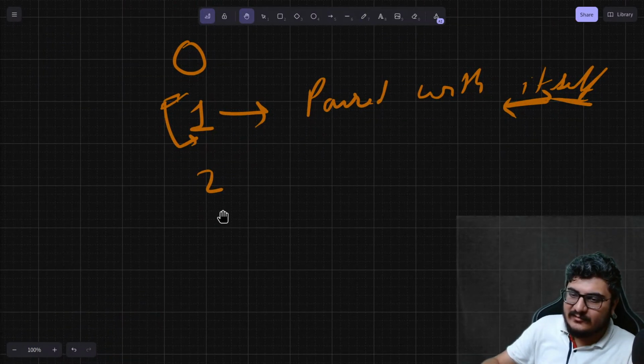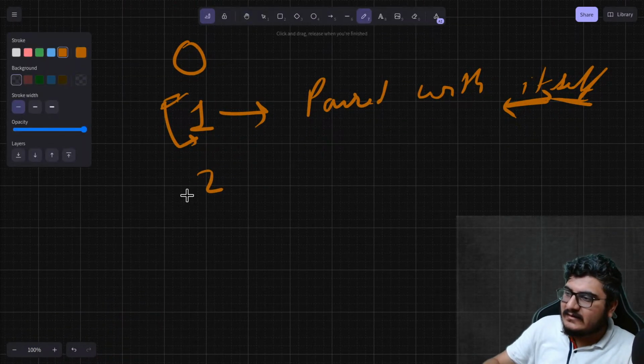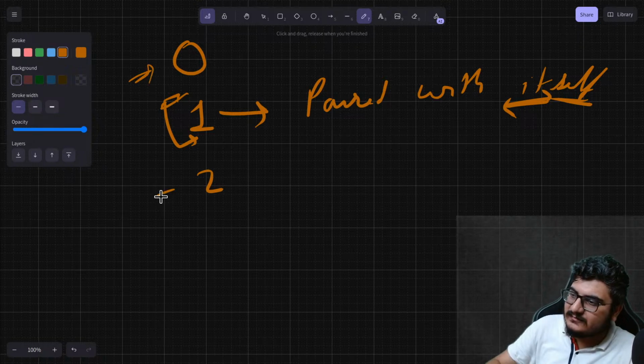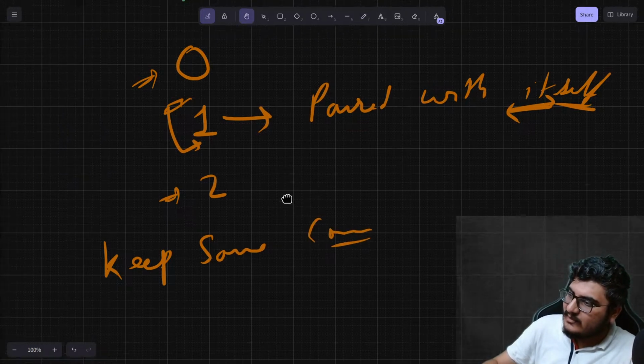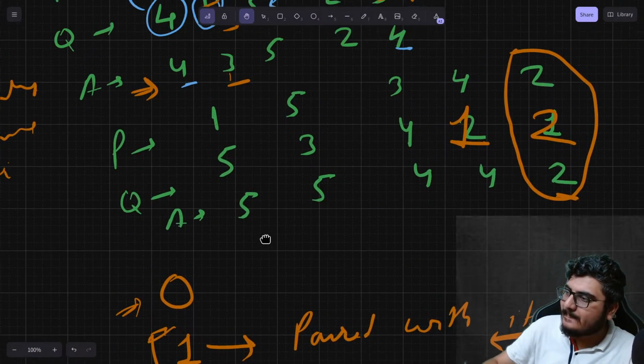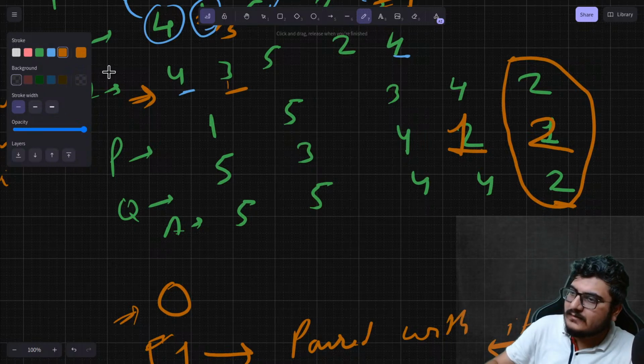The next thing I did was, for all zeros and ones, keep the same combination. What I mean to say here is, now we have changed this 2 to make it 2. 4 is paired with 1 here. And here 4 is paired with 3.